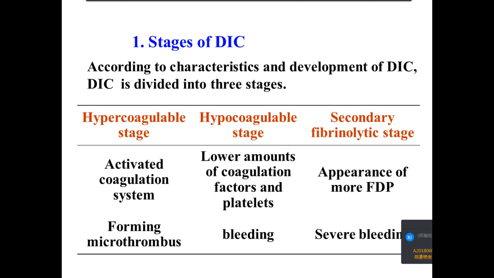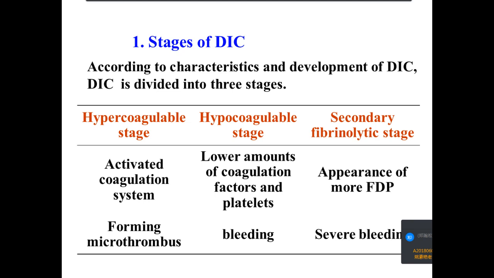During this stage, what happens? Microthrombus forms. Next, because of microthrombus formation, platelets and coagulation factors are consumed, so they become fewer and coagulation function begins to decrease. This stage is called the hypocoagulable state.